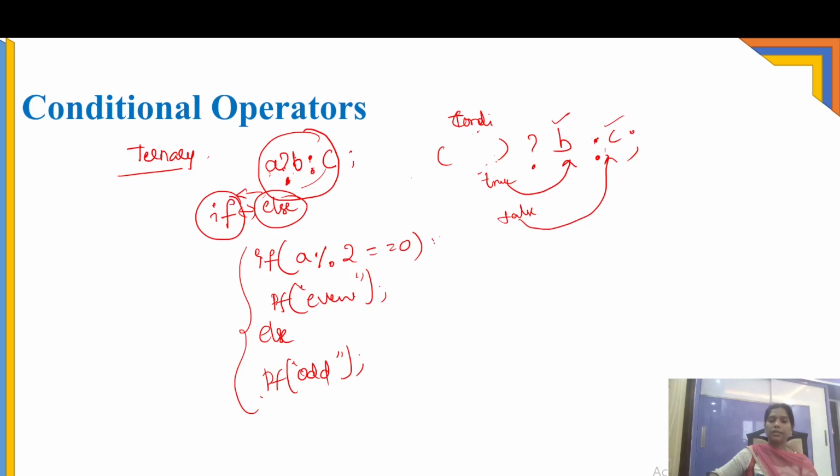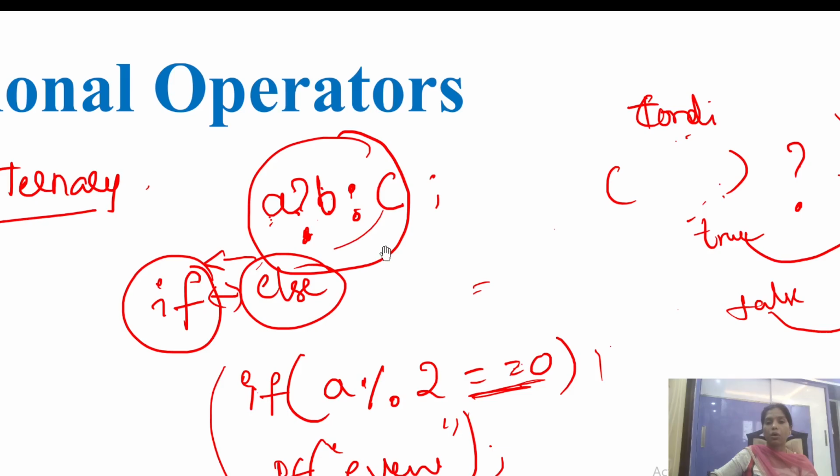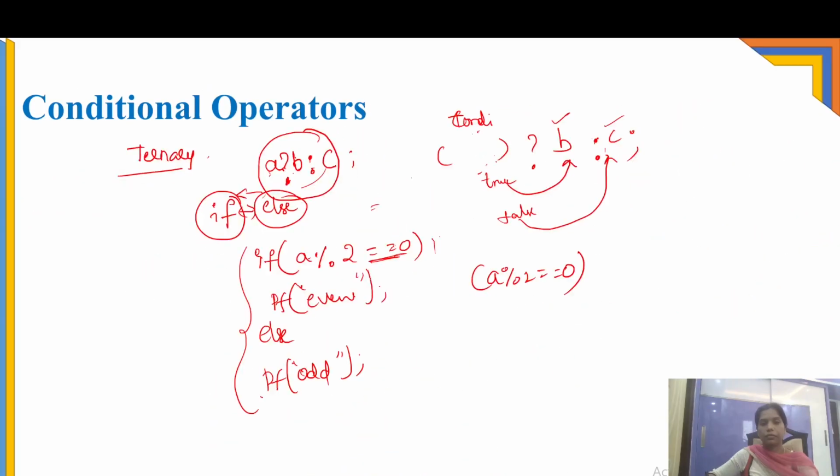So let's try this program with this. What is the condition? A modulus 2 equals 0. See, double equals. It is not single equals. We are not assigning. We are checking whether A modulus 2 is 0 or not. Condition, question mark.